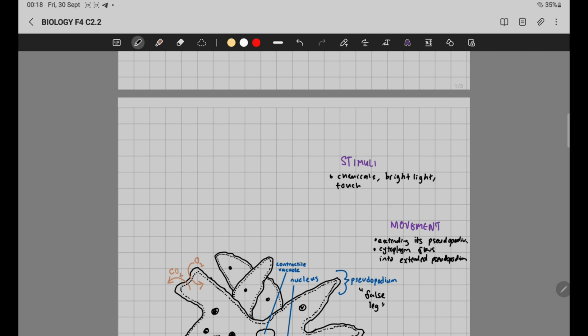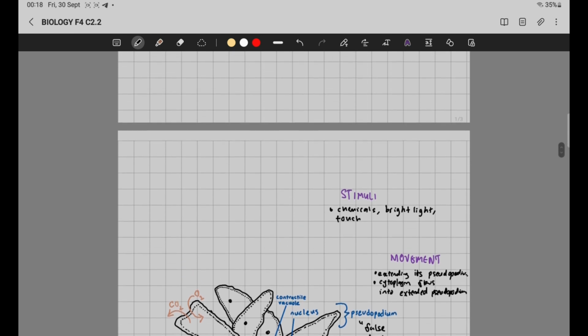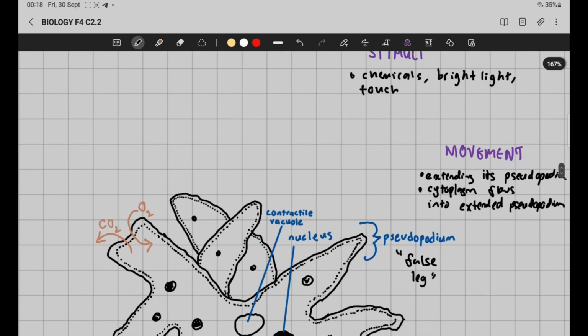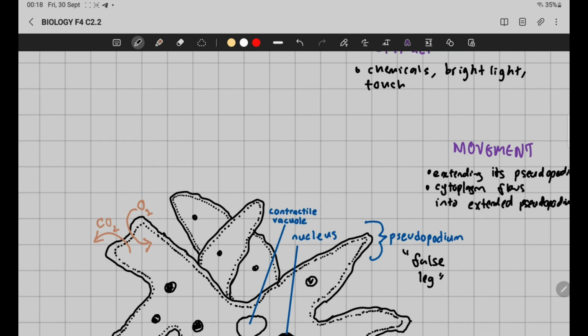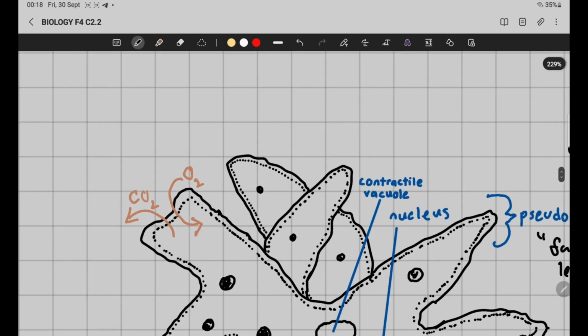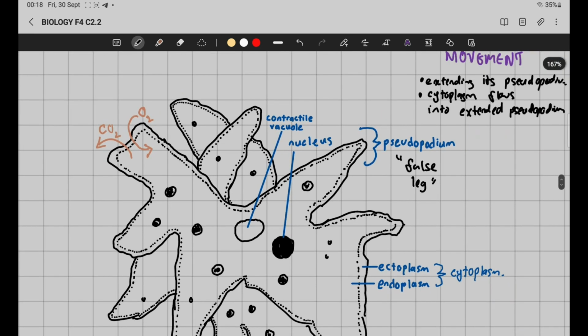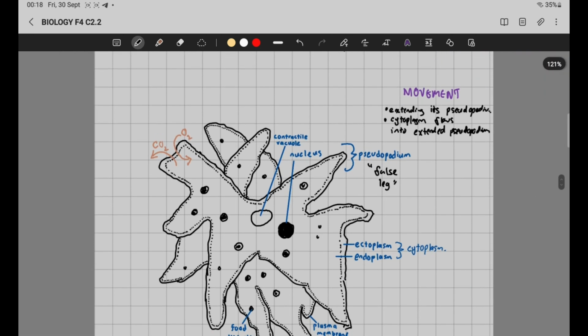How does it move away? You can relate it to this movement, in which it extends its pseudopodium and the cytoplasm flows into the pseudopodium. That makes the amoeba move. As you can see here, I drew O2 and CO2, which means that there is an exchange of gas to or from the amoeba through the plasma membrane.